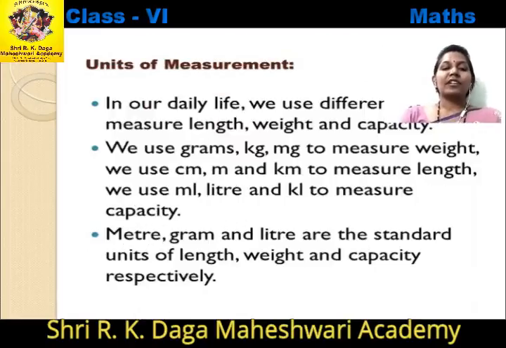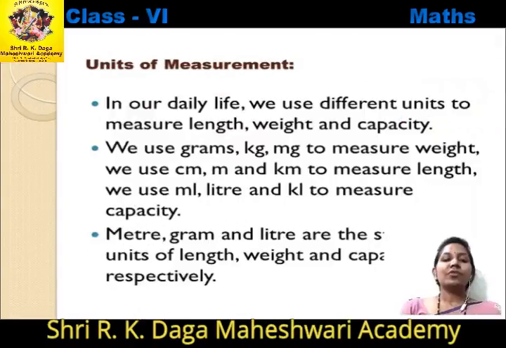Now start our next topic, units of measurement. In our daily life, we use different units to measure length, weight and capacity. We use grams, kilograms, milligrams to measure weight. We use centimeter, meter, millimeter, kilometer to measure length.